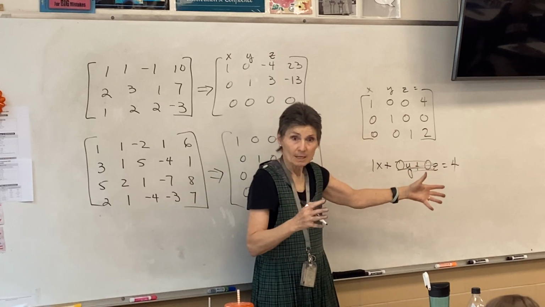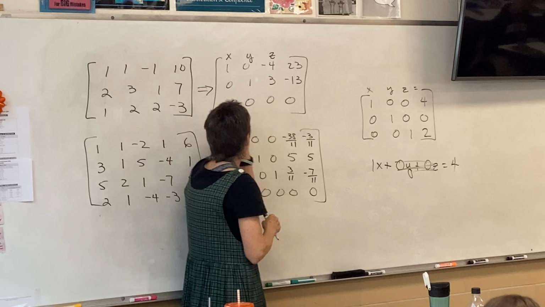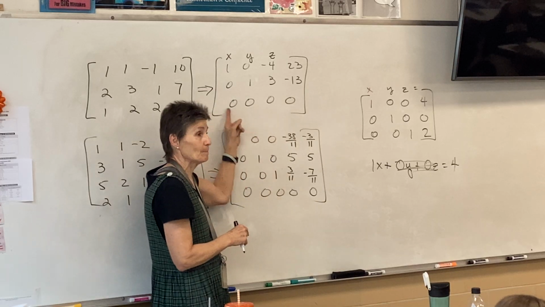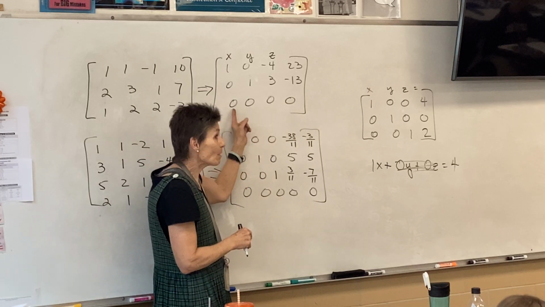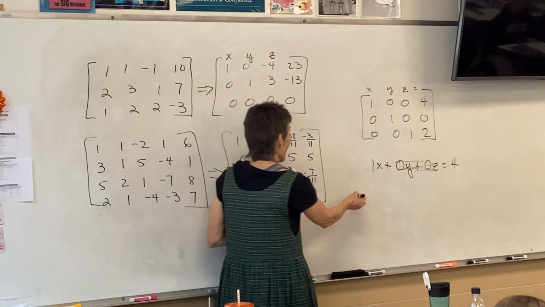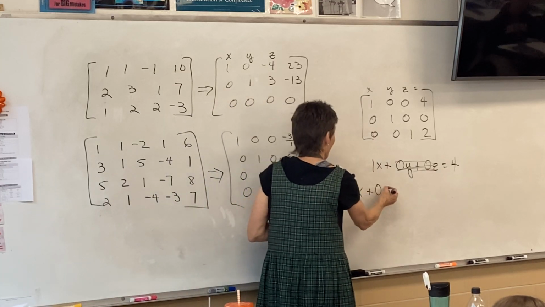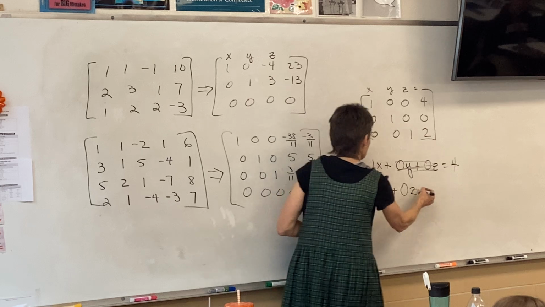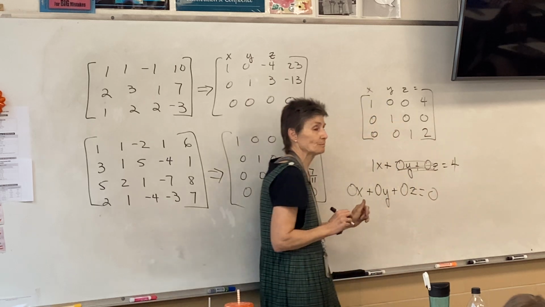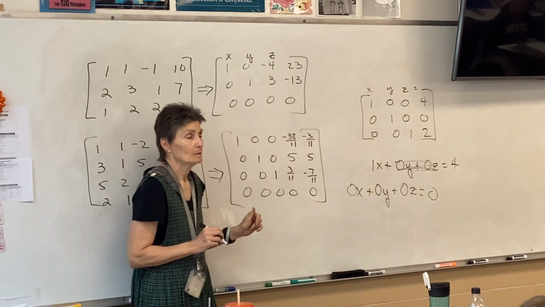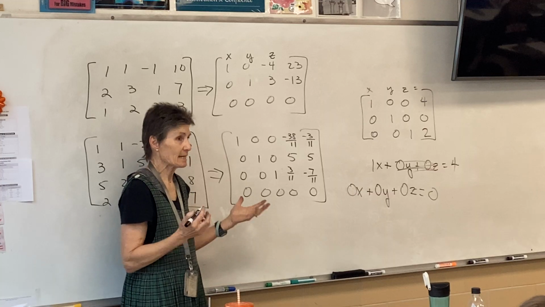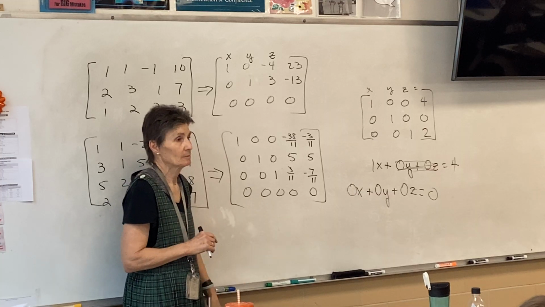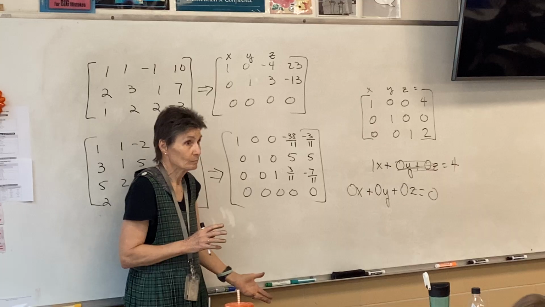Now, tell me what this row says right here. That row says no x's, no y's, no z's equals 0. Now, first of all, is that a true statement? Yes, that's true.